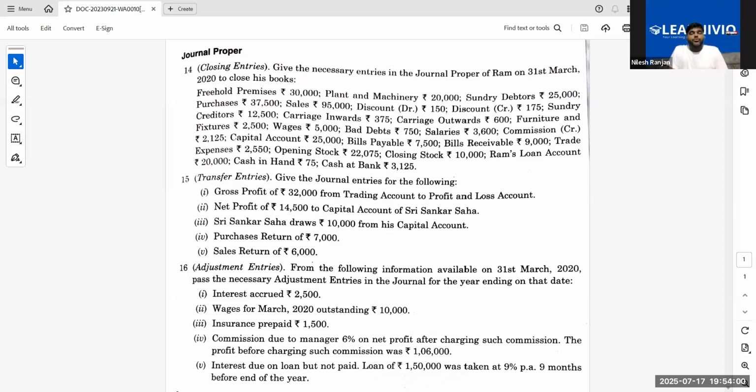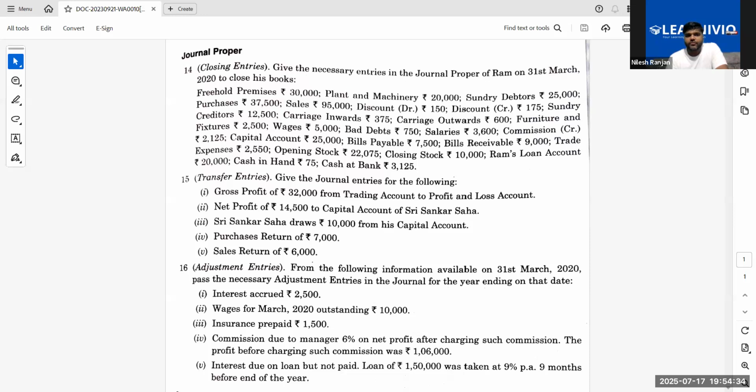So the total cost of the machine will be 45,000. It will be recorded as machine account debit to cash 45,000. Is that clear? Yes, sir. So when we record this installation expense as a different expense and don't include it in machinery, then it is an error of rules. So it is called error of principle.